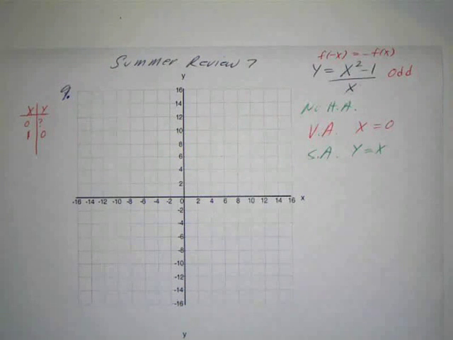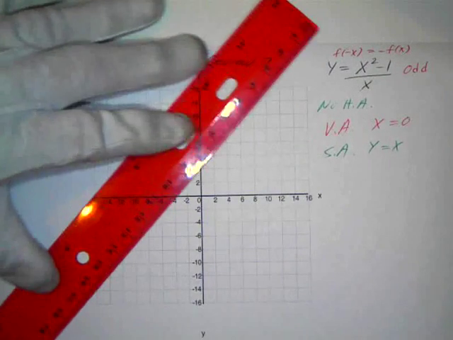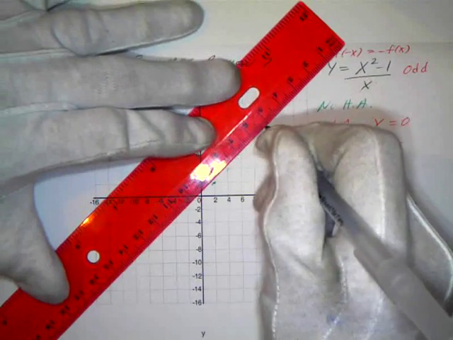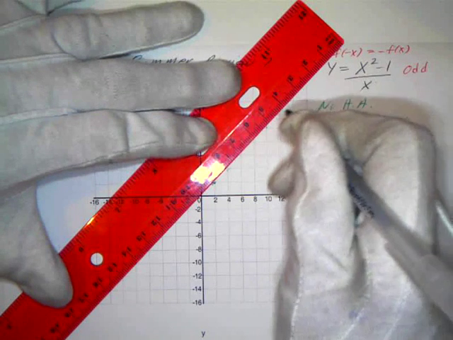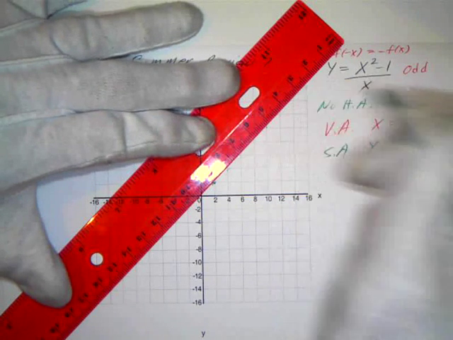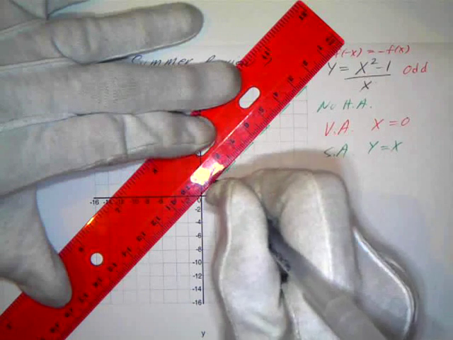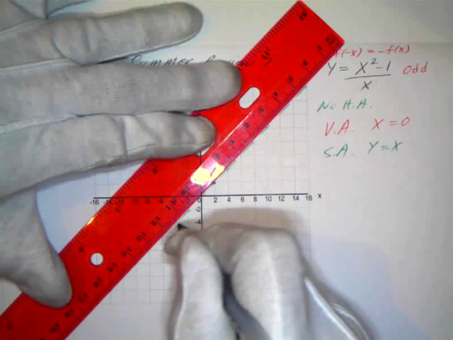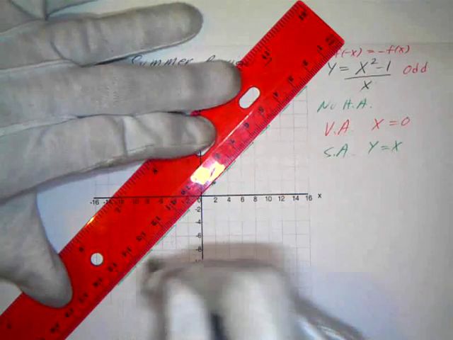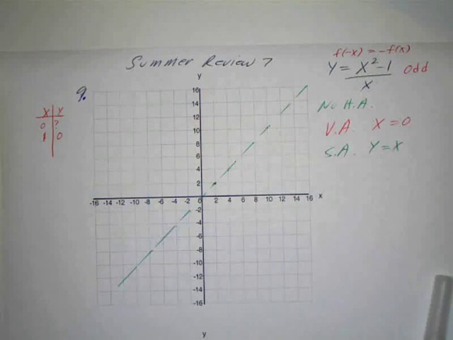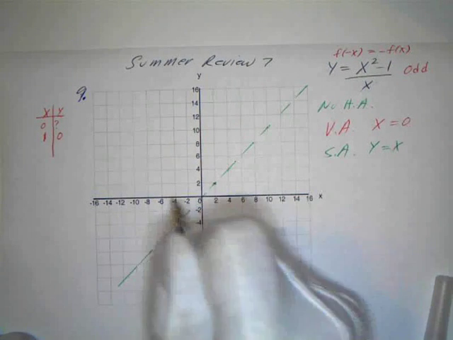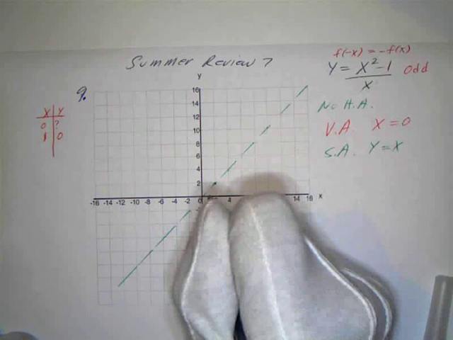So that's just a diagonal line, so I can graph that easy enough. And I do know I have the point 1, 0, so 1, 0 is right here.